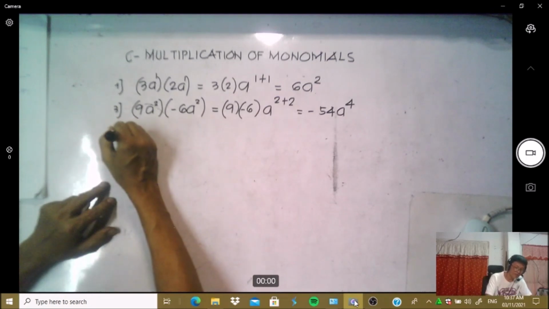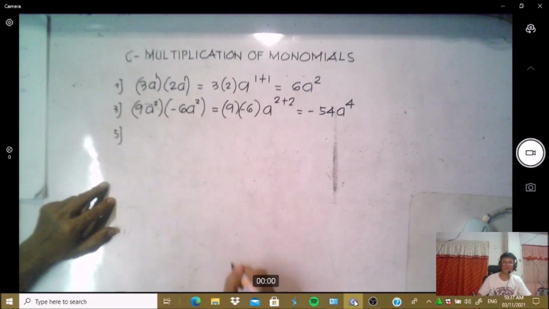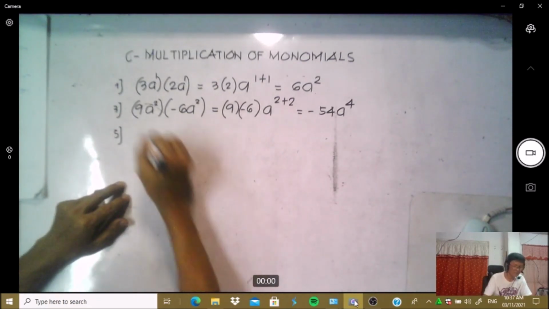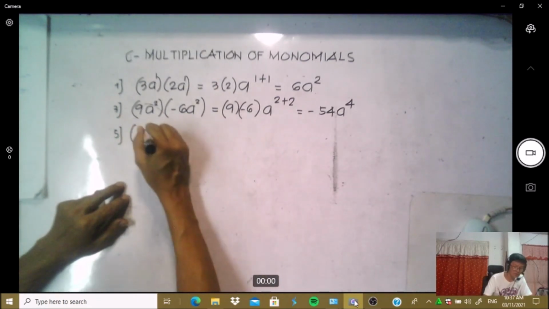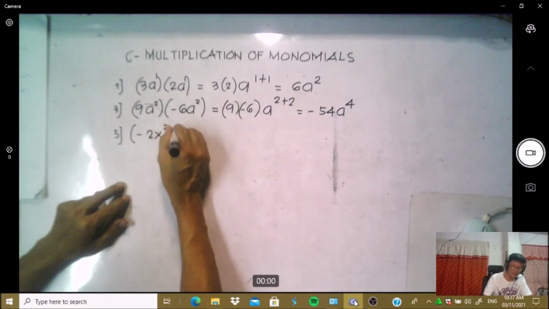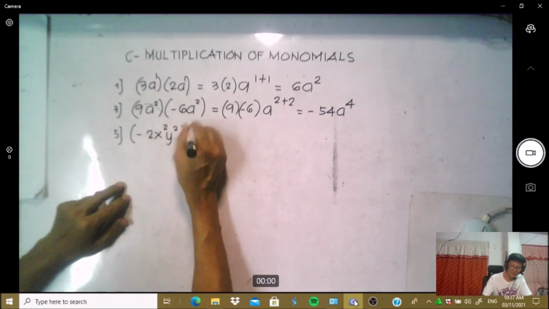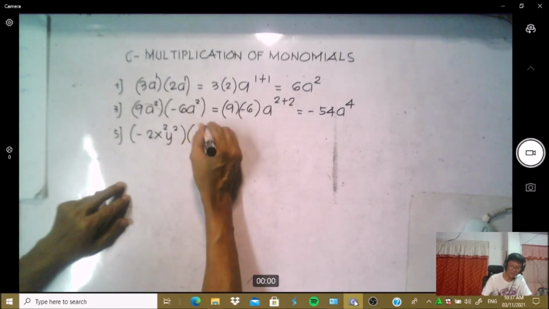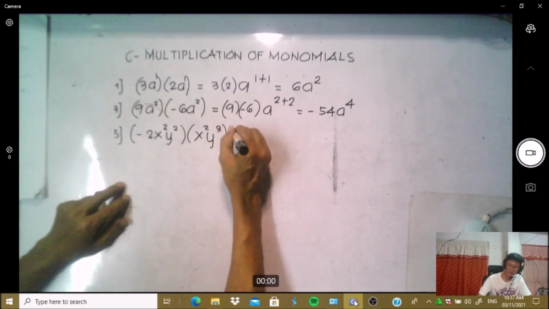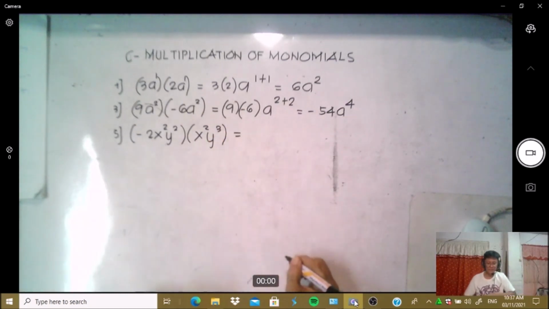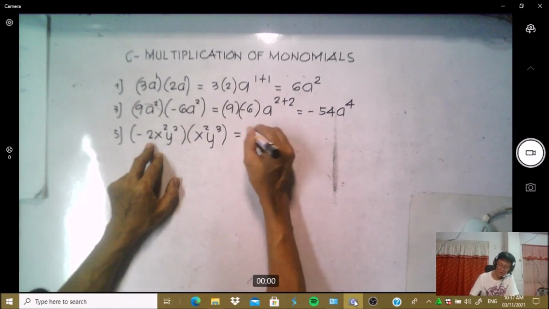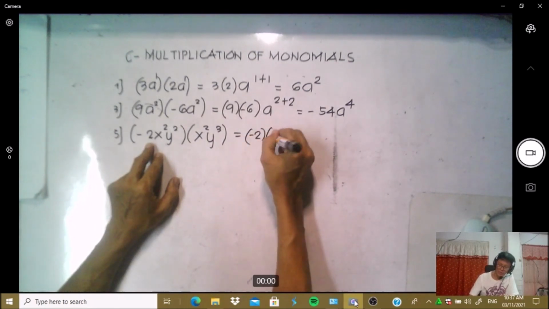And number 5, so we are solving the odd numbers. We have negative 2x squared y squared, then multiplied by x squared y cubed. Okay, so we have to multiply the coefficient first. We have negative 2 multiplied by 1.